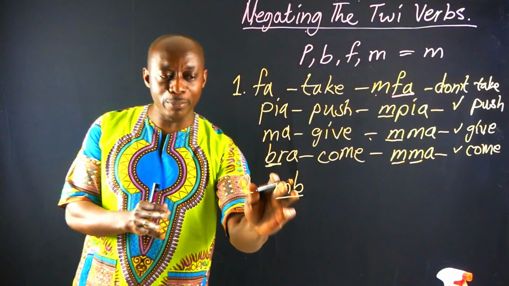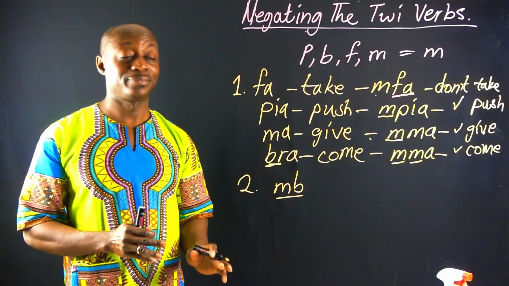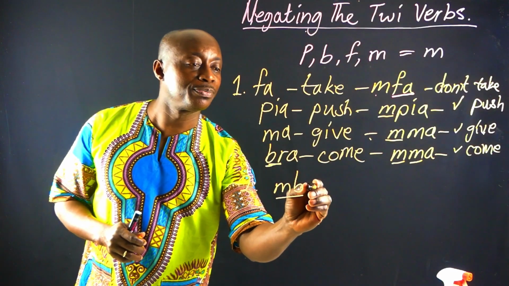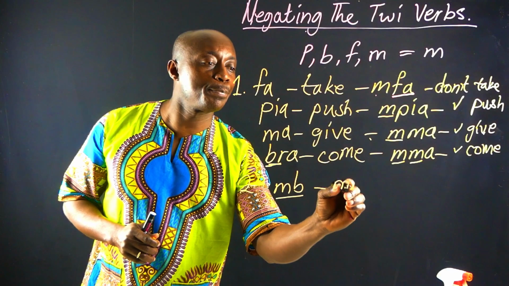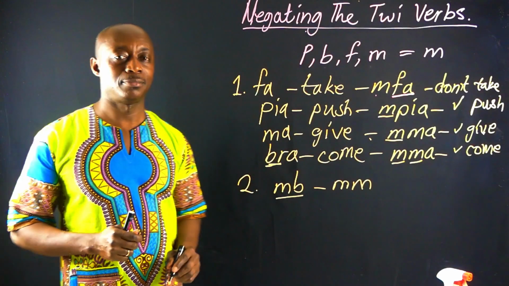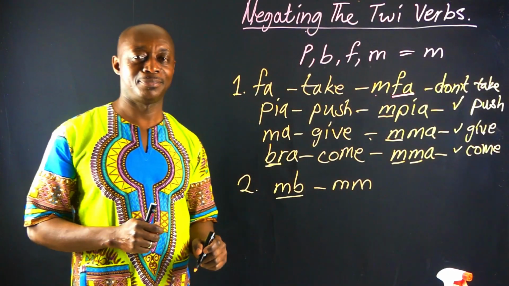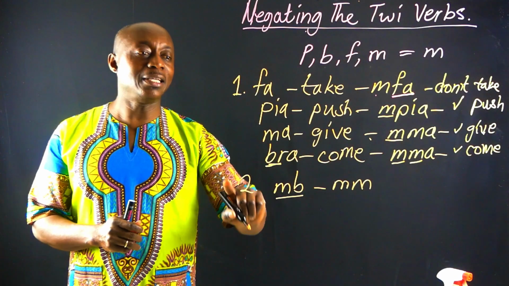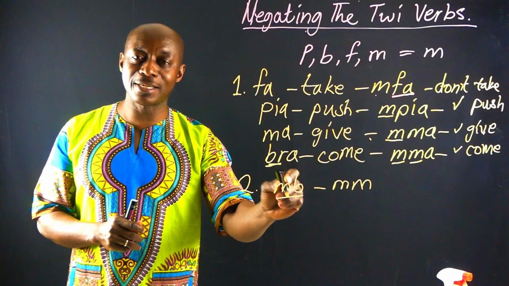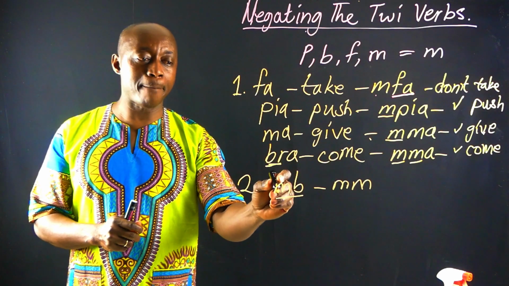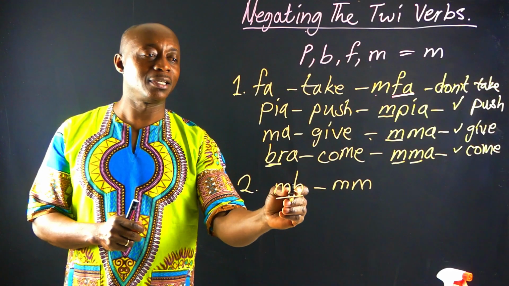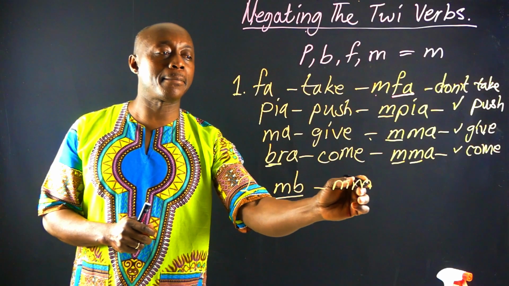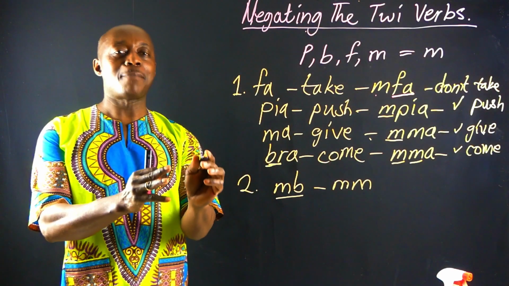If you get this combination, MB, then it will be pronounced differently. So take note. If you get this combination in the process of prefixing the verb with M, then it will be transformed, and that brings the second rule.